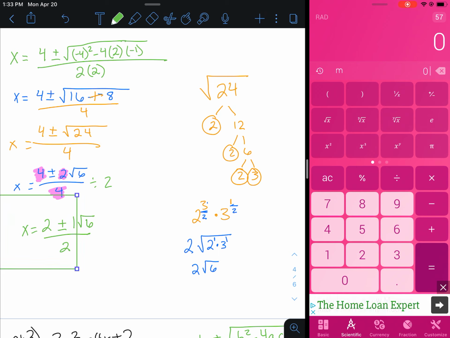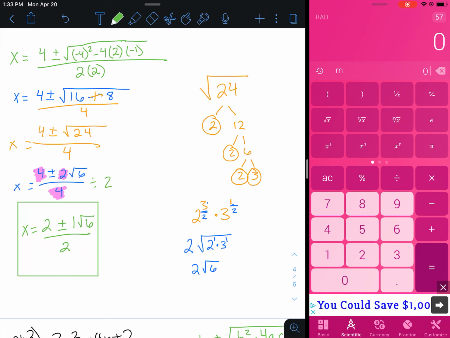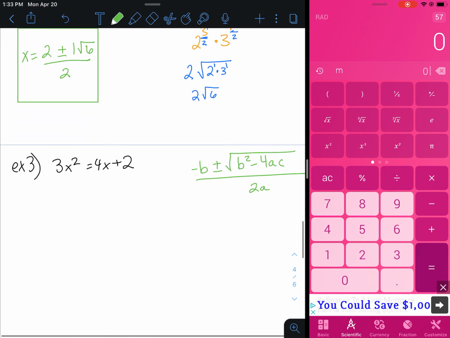Now you could simply write it as 2 plus or minus square root of 6 over 2 instead of putting that 1. The other way you could write this is 1 plus or minus the square root of 6 all over 2. I just like to keep it this way as the simplified.